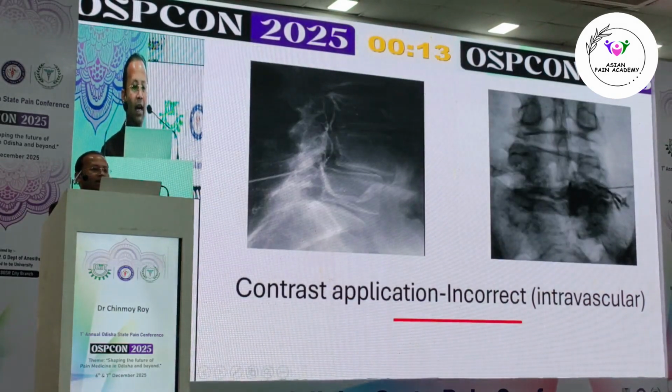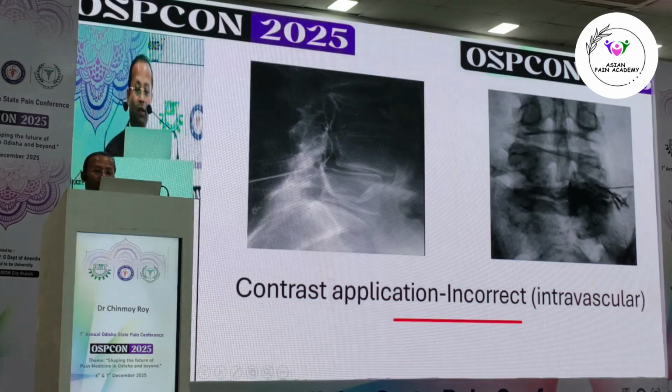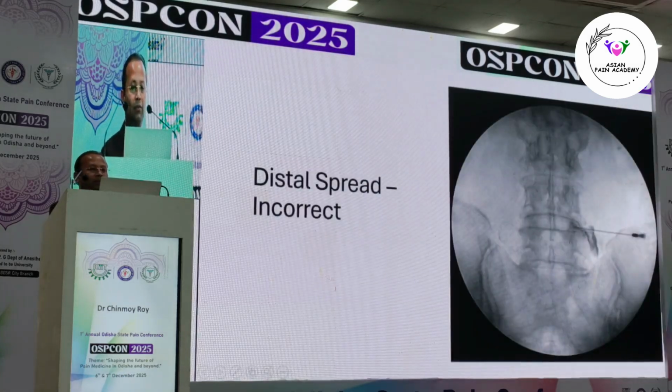Incorrect contrast application: this left side one is vascular spread, and this right side one is also vascular. The left side is a DSA picture, and the right side is simply an X-ray picture seen by C-arm. Atypical spread is also incorrect.